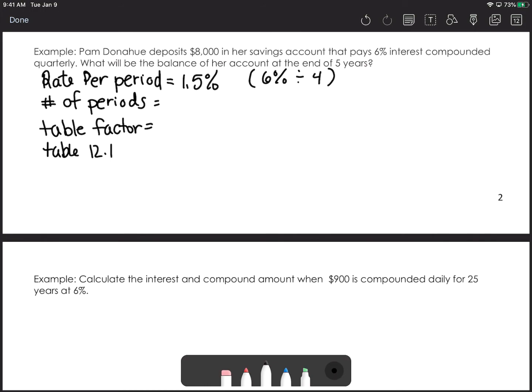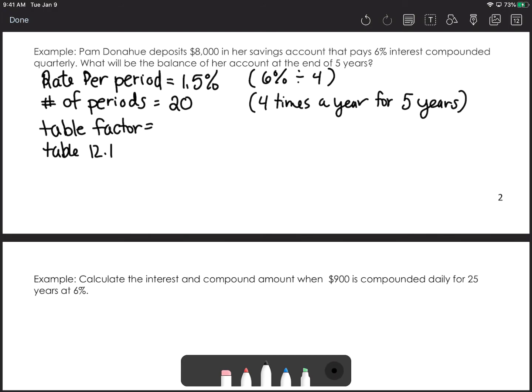Now the number of periods, since this is quarterly, and we're compounding this for 5 years, 4 times a year for 5 years means it's going to be 20 periods. So I'll put in parentheses here, 4 times a year for 5 years.